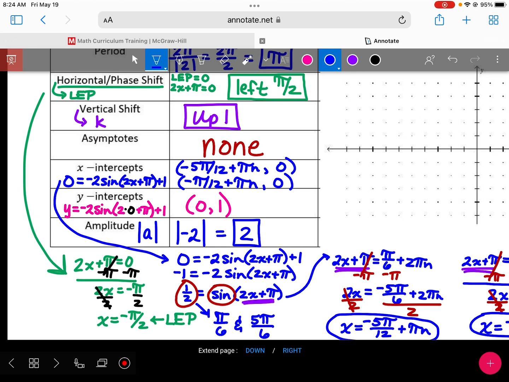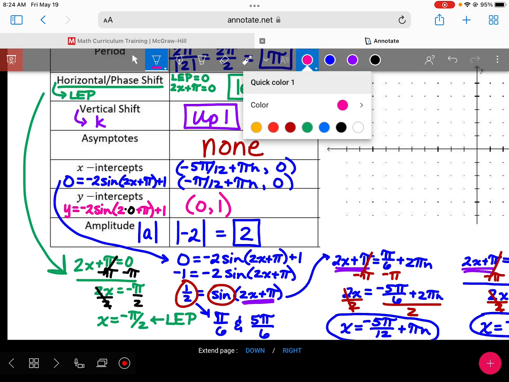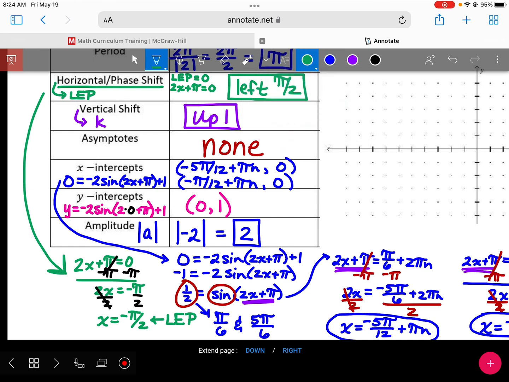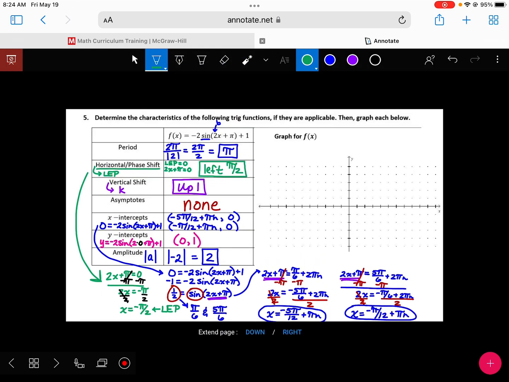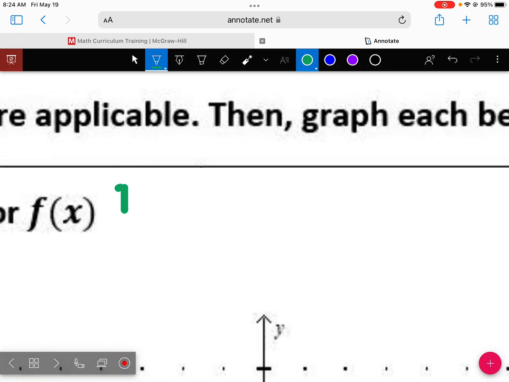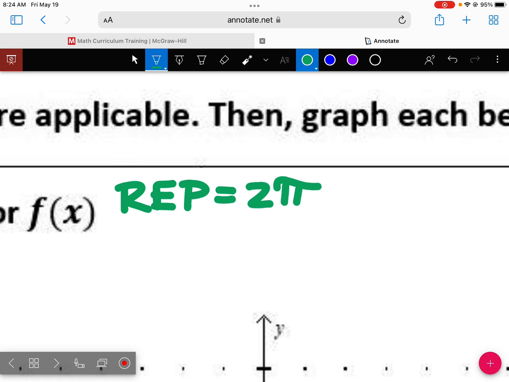All right, I have my left endpoint. I don't have my right endpoint. How do I find my right endpoint? For left endpoint, I set this equal to 0. Set it equal to 2 pi. So right endpoint, we're going to set it equal to 2 pi.